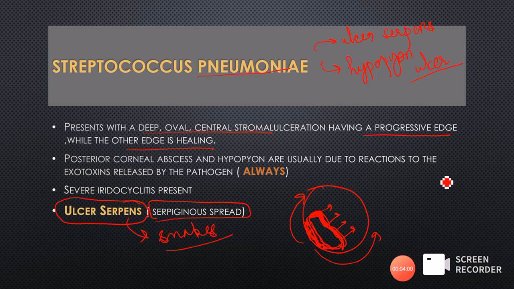Hypopyon is nothing but this: whenever there is a corneal ulcer, there will be severe inflammation triggered, and because of the inflammation, all the inflammatory cells are going to come and settle down at the bottom of the anterior chamber, and they will look whitish in color. That whitish collection of inflammatory cells at the bottom of the anterior chamber is called hypopyon, and this hypopyon is almost always present in a case of Streptococcus pneumoniae, and therefore it is called hypopyon corneal ulcer.